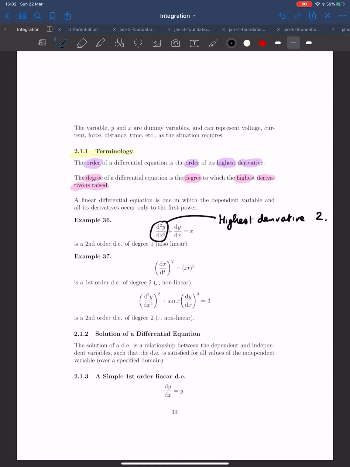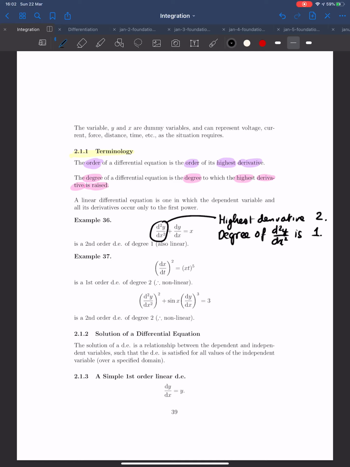And then the power that this is raised to: it's not squared, it's by itself, so it's d2y by dx squared, but it's not squared as in the next example, which we will see in a minute. So what we can say is the degree of d2y by dx squared is 1.